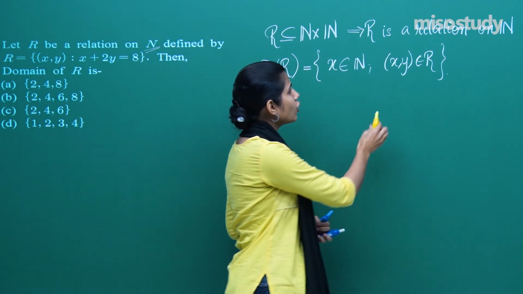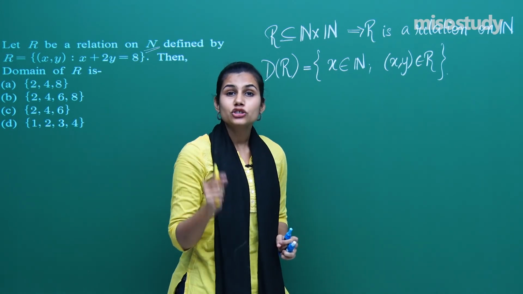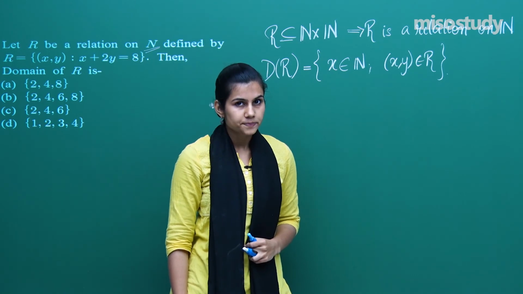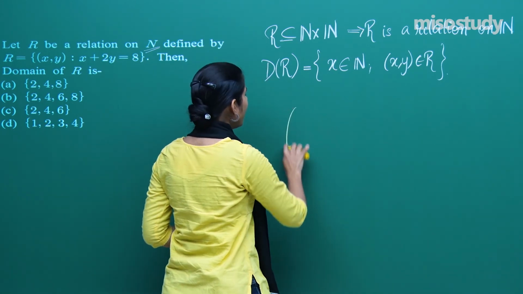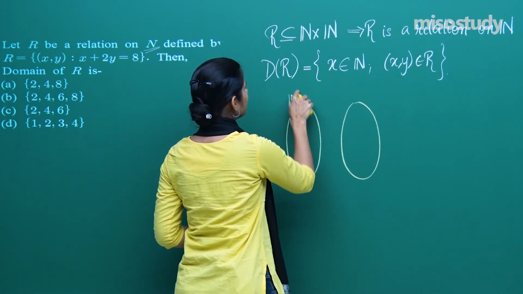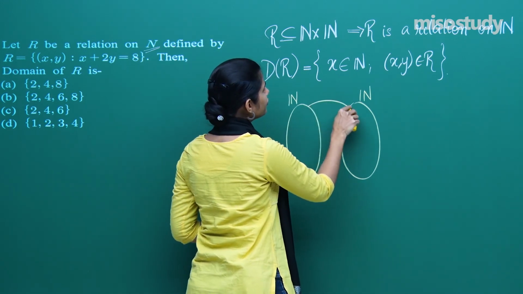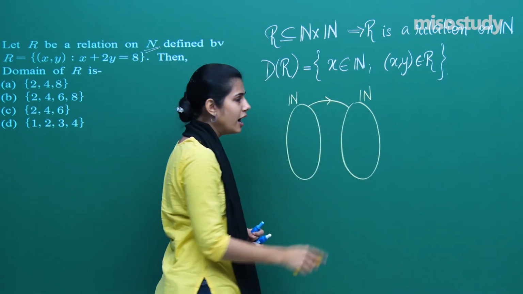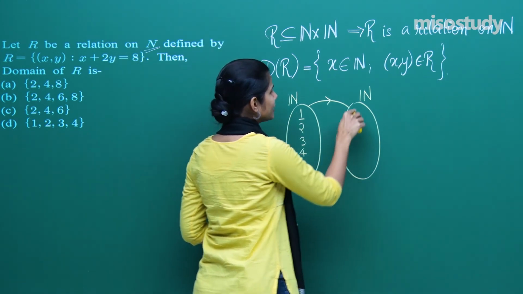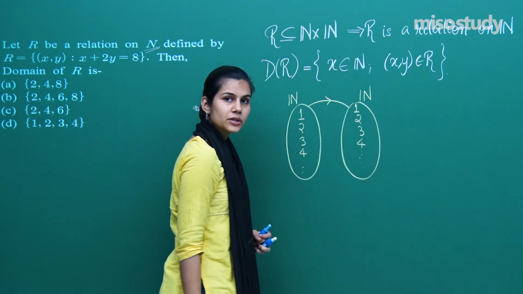Obviously, as you can see, in order to collect the first components of the ordered pairs sitting inside R, we should first be aware of what the ordered pairs sitting inside R are. Obviously, my R is a subset of N cross N. And so, if I am interested in the relation R, that is basically going to relate the natural numbers to natural numbers.